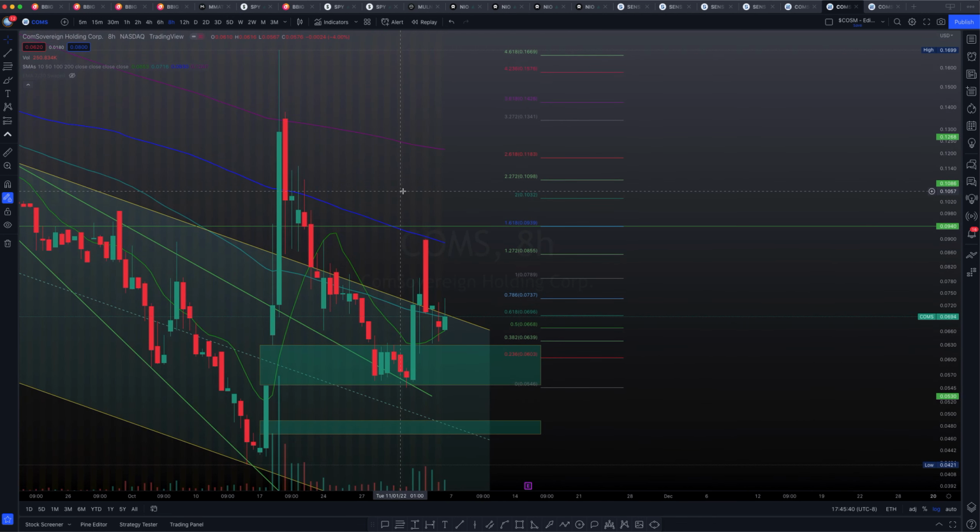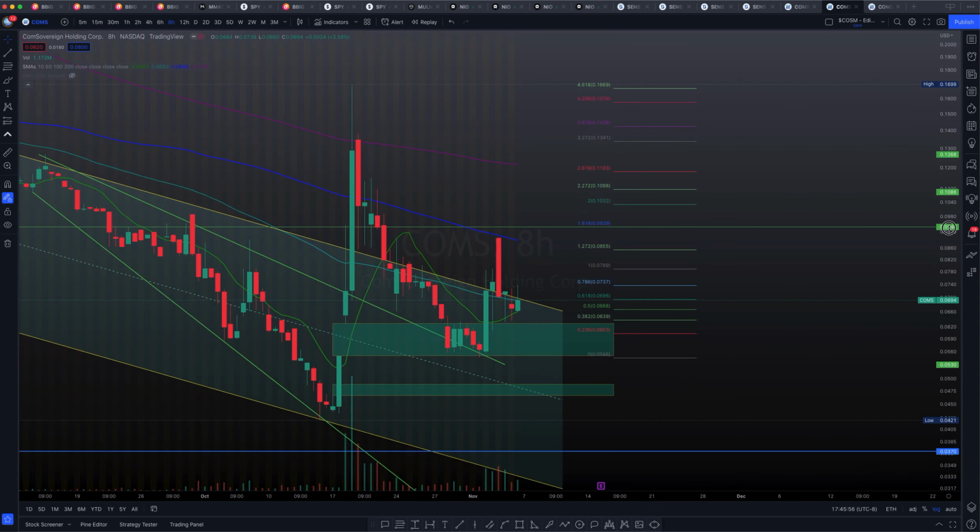Another thing that we have to notice is that we are making again a series of higher lows and lower lows. So it could technically be a reversal signal as well, you guys, but we do have to honor the fact that it is in a bearish setup.